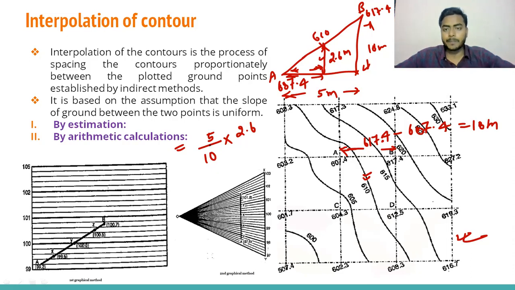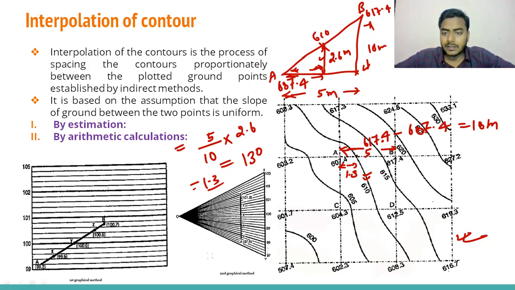So we get some value, it is coming 1.3. So it will come around here. This distance will be 1.3 if this distance is 5.